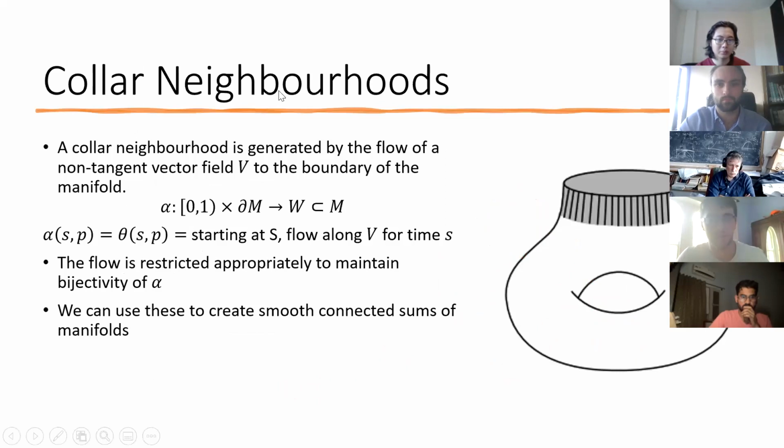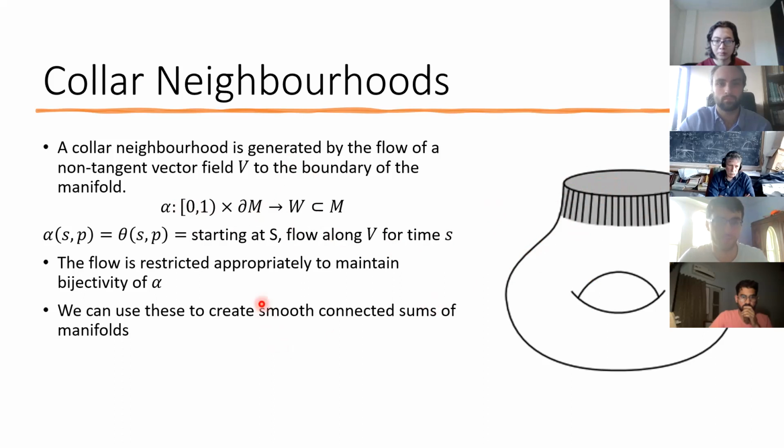The first thing you need for it is a thing called a collar neighbourhood, which is a neighbourhood that's generated by the flow of some vector field from the boundary of a manifold. This is a diagram of it. If this is the boundary, the idea is you flow in along the direction of some vector field for some time, and that creates a kind of coordinate system for some neighborhood of the boundary.